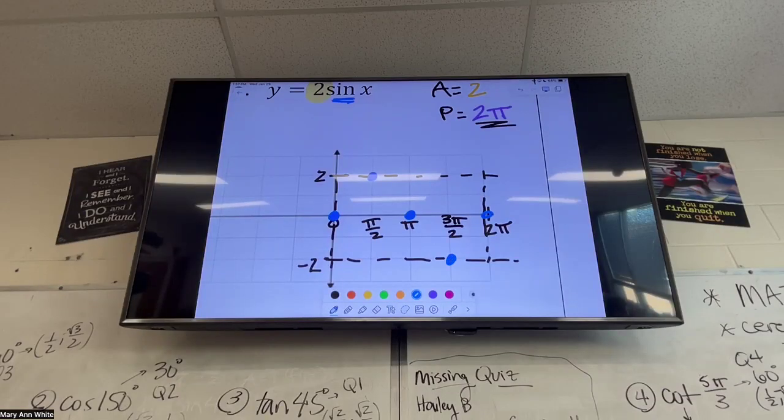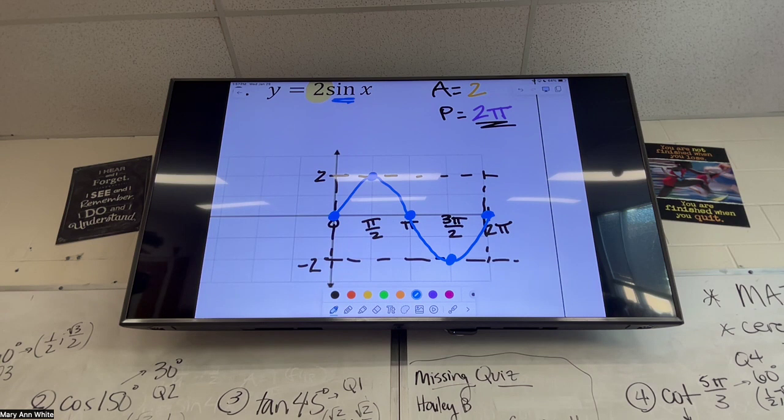And then finally I end back in the middle. I have to make sure my sine takes me all the way from 0 to 2 pi evenly. I have to make sure it goes as high as 2 and as low as negative 2. And then once my dots are there, I just connect my lines. I draw my little graph. The directions say you only have to sketch one period. So I've sketched that one period right here. You could keep it going, but all I need to see is this.